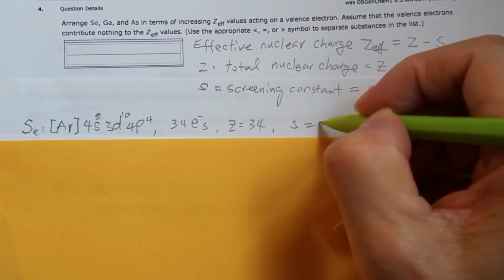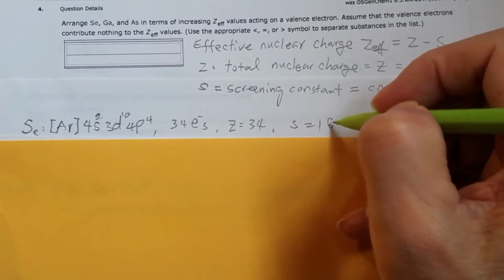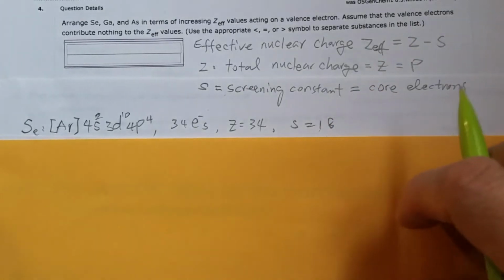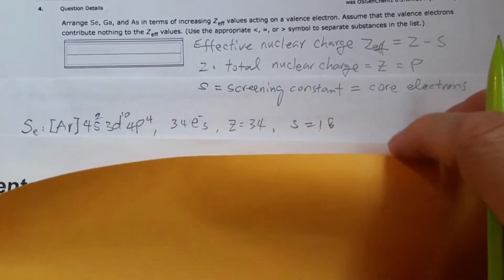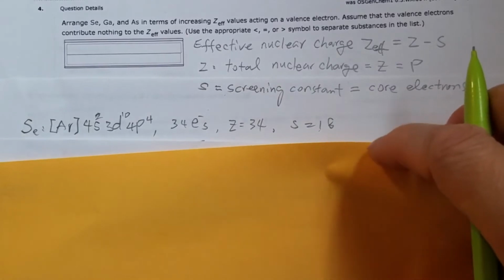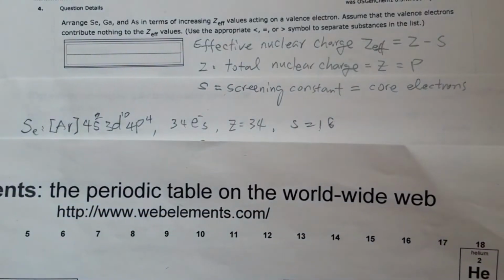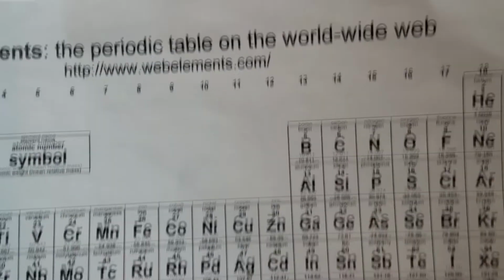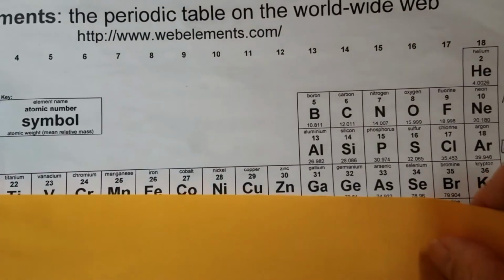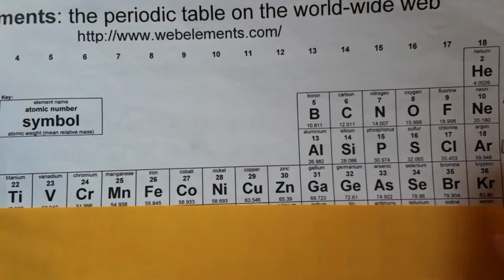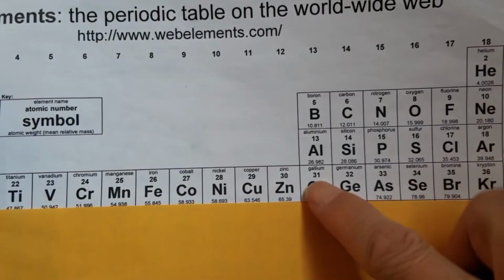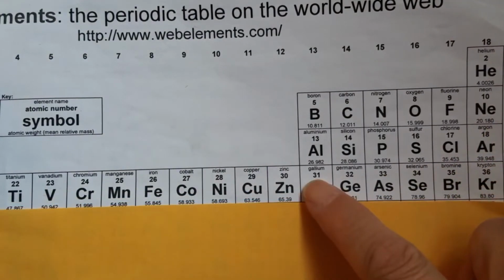So S equals 18. We'll do the same for the next one, gallium. Let's find out gallium. That's 31, so it should have a total of 31 electrons.